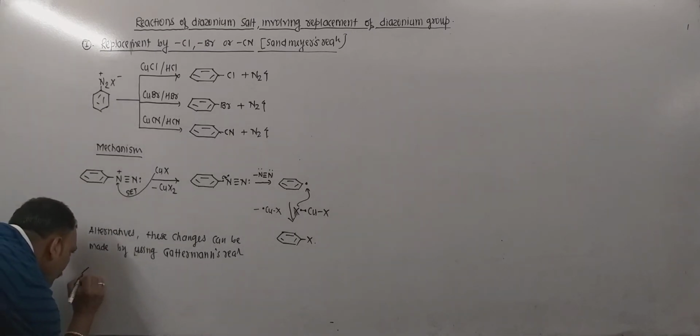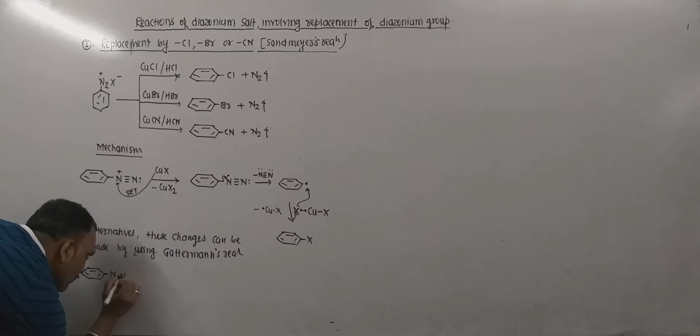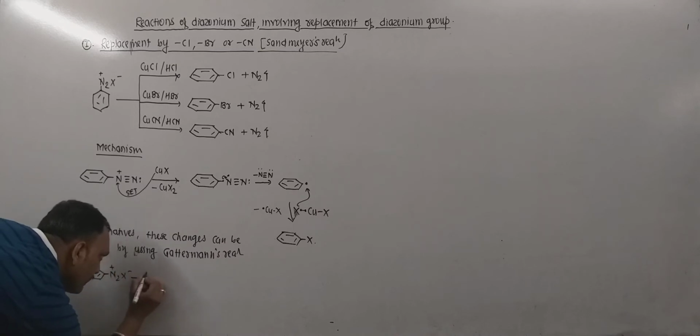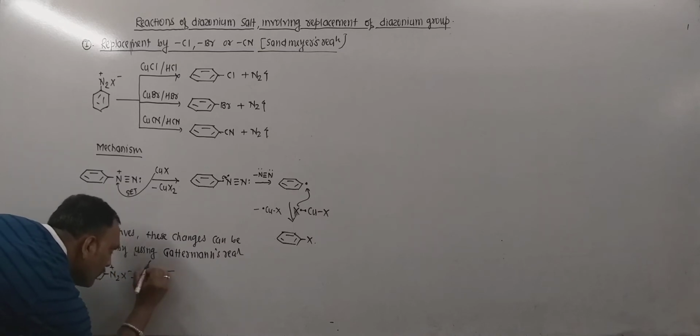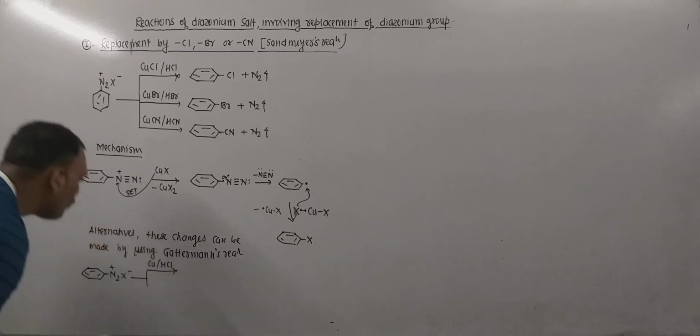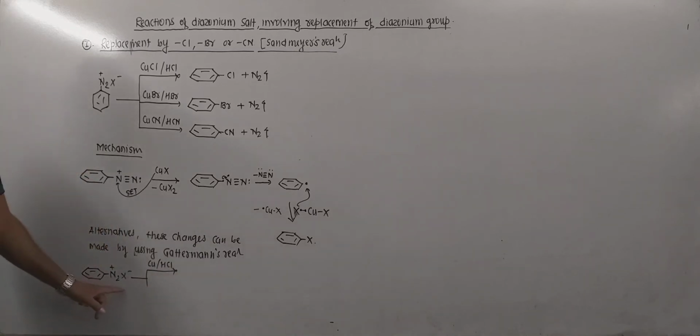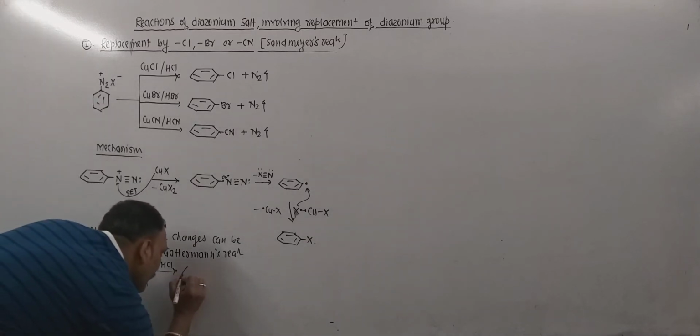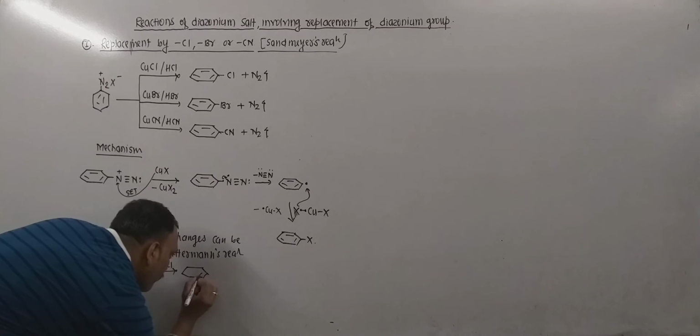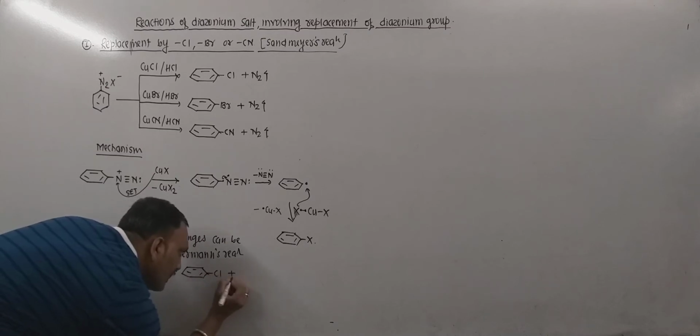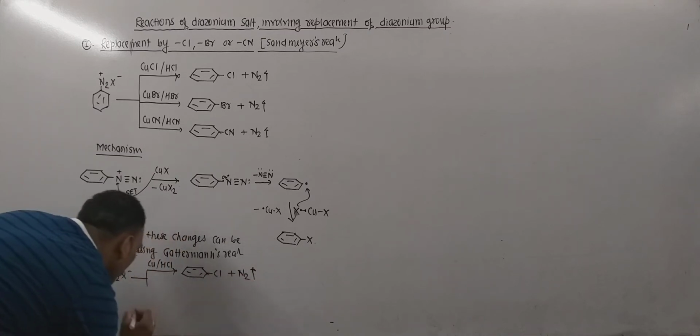So remember, in Gattermann's reaction we need to take the diazonium salt, which can be given as, so when the diazonium salt is heated with HCl in presence of copper powder, then the entire diazonium group gets replaced by chlorine, and that leads to the formation of chlorobenzene with the evolution of N2.